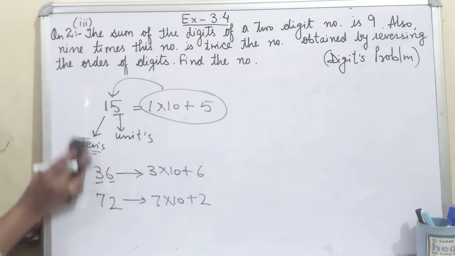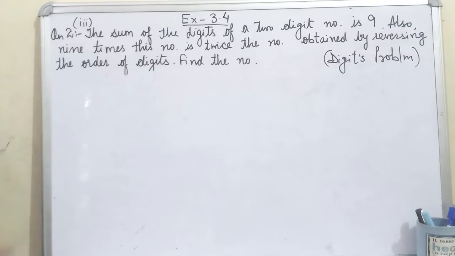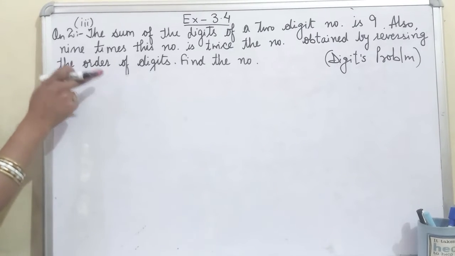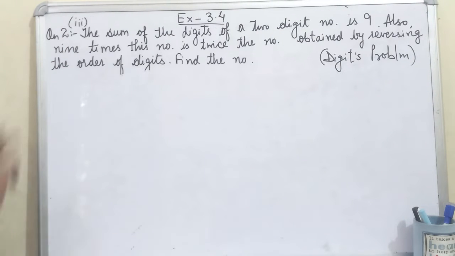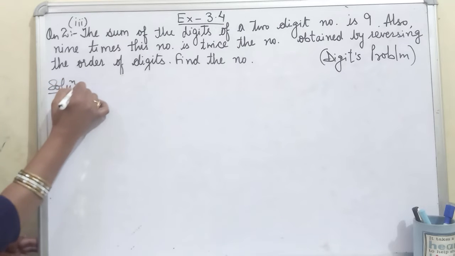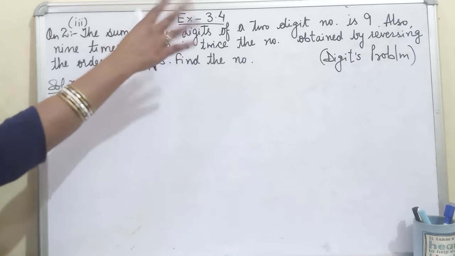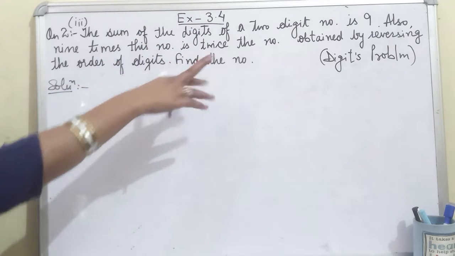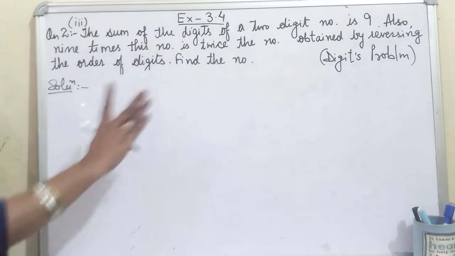Now we'll start with the question. I have a question here related with a two-digit number. For solving these types of questions, you always have to suppose 4 things, because it's talking about the number, the digit, and the reverse order also. So I want to get here the 4 things.